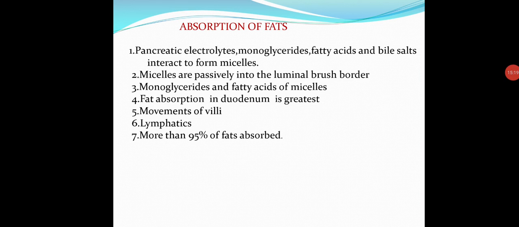Fat absorption is greatest in the upper part of the small intestine, but appreciable amounts are also absorbed from the ileum. Movements of villi compress the lacteals and villus capillaries. This increases the mobilization of lipids towards the thoracic duct and portal vein respectively.